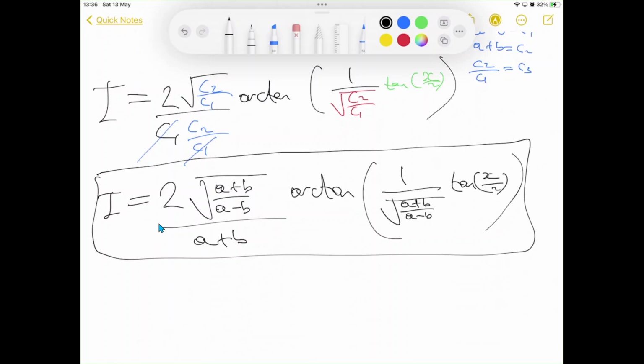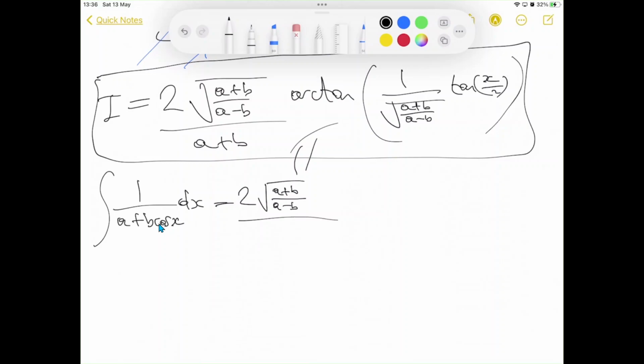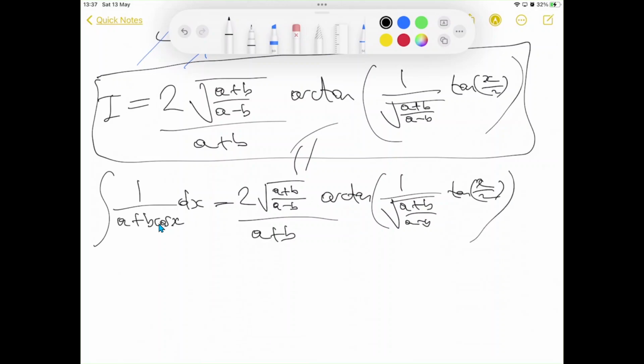That's it. And just to end off the video, I'm going to write everything in one line. So the integral of 1 over a plus b cosine x dx is equal to 2 root a plus b over a minus b, all of this divided by a plus b, and multiplied by arctangent of 1 over root a plus b over a minus b, tangent of x over 2, plus c.